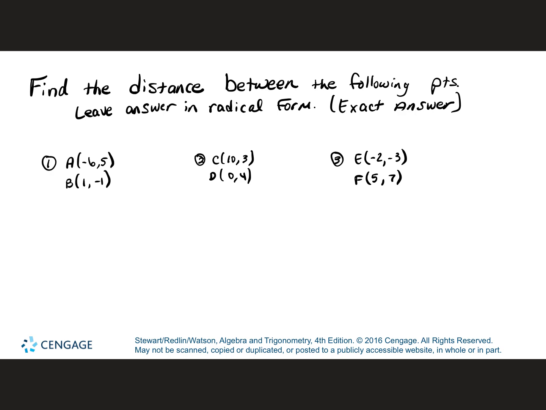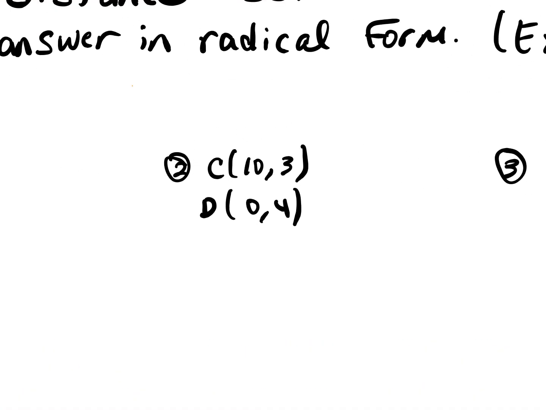So again, we're finding the distance. Our distance formula is the square root of x2 minus x1 squared plus y2 minus y1 squared. What's the first thing we should do? Before we plug it in, what should we do? Label them.